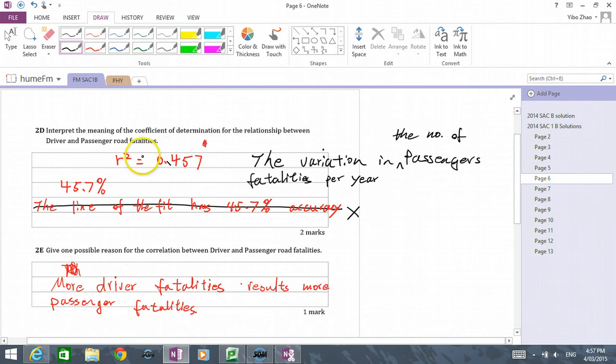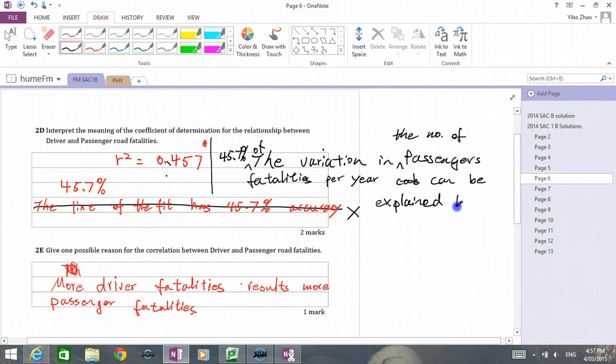No, I made a mistake again, sorry. Let's start from here. Now I should write down 45.7% of the variation in the number of passenger fatalities per year can be explained by the variation in the dependent variable.